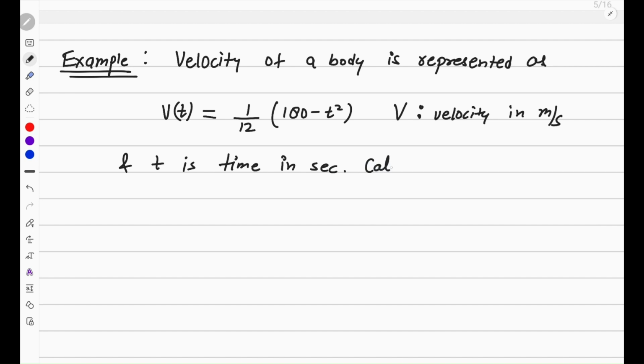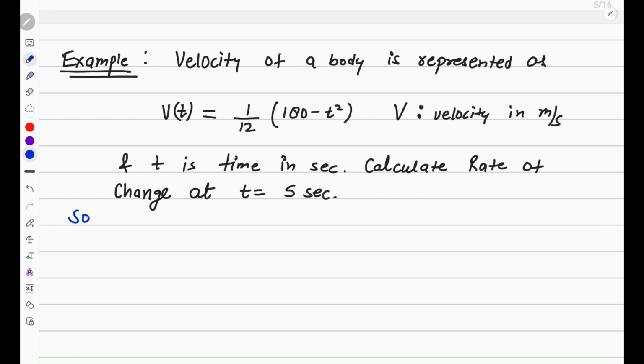So calculate the rate of change at t equal to 5 seconds.